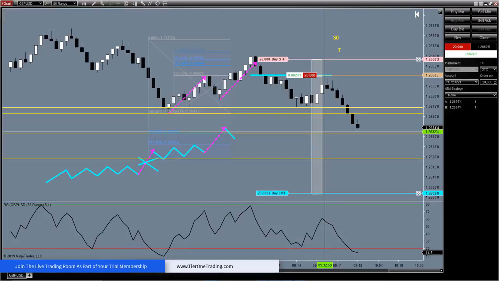But typically I split them into two positions. I'll take half off at a very conservative target, move stops to break even, reduce all my risk, and look to get the second half off at an extended level.